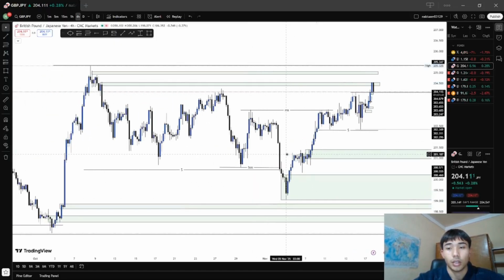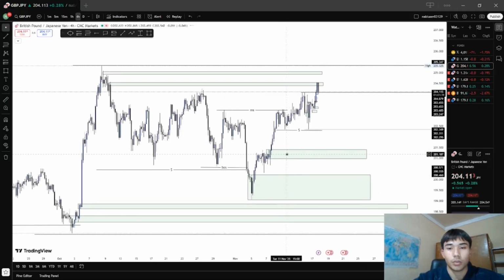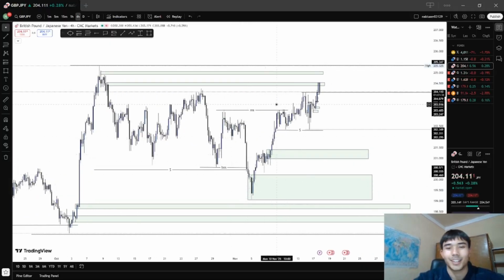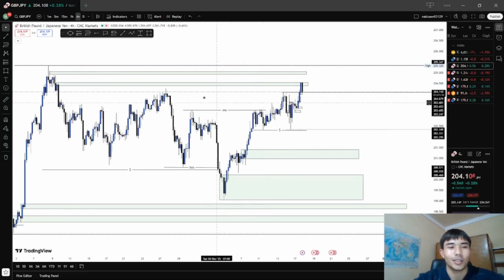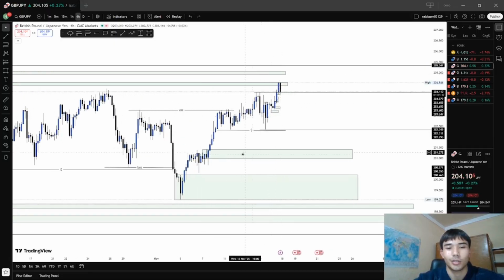Like I said, what a V-shaped reaction means is liquidity sweep. Easy, right? So, all right.